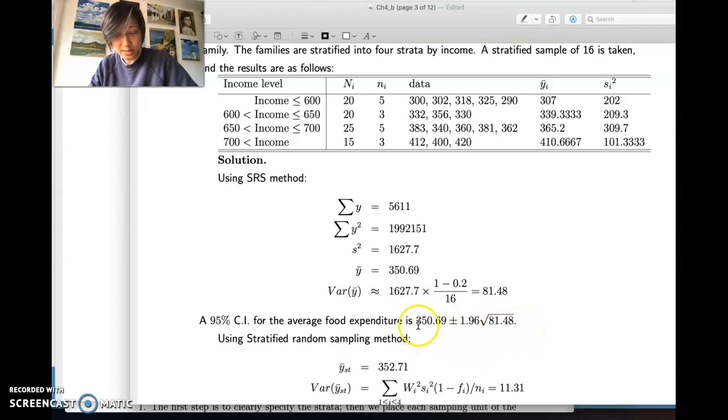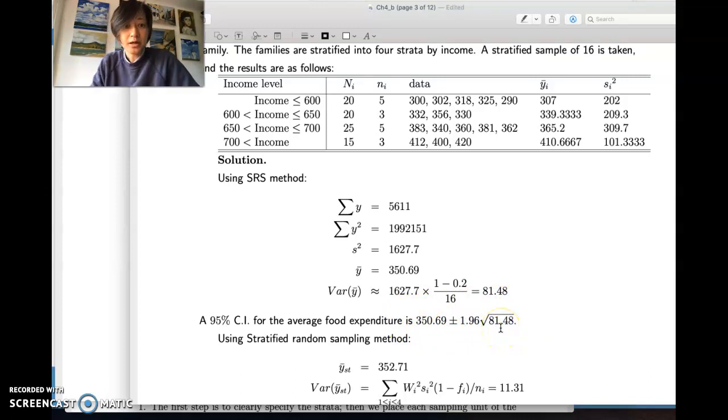So this is the point estimate, and that would be the bound of error at the 95% confidence interval. Sometimes we say that this is actually the margin of error, which would be subtracted from or added to our point estimate to construct the 95% confidence interval.